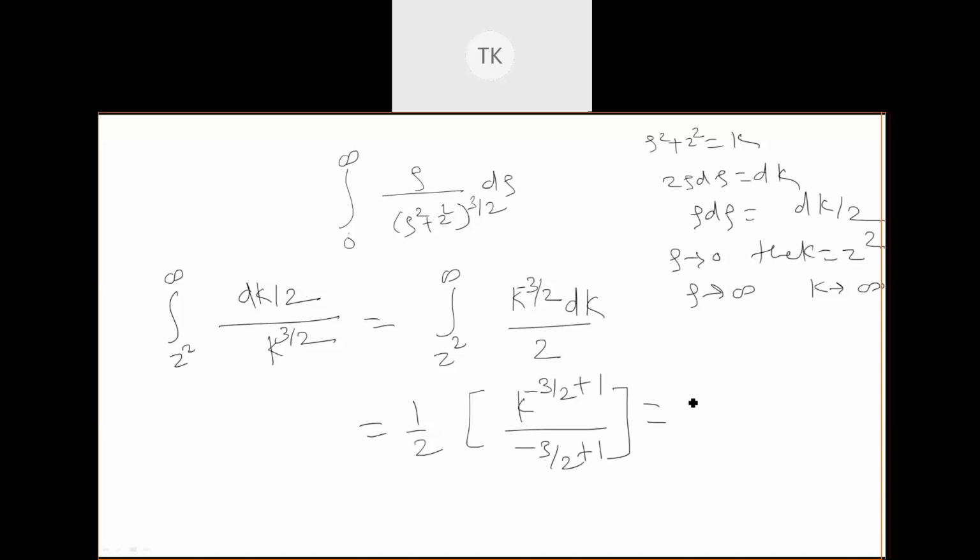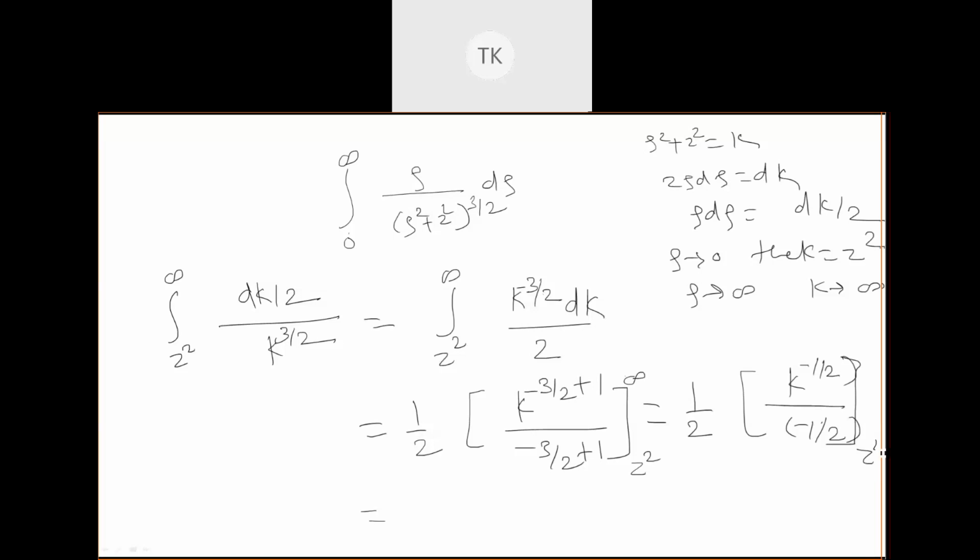So it will turn out half into half minus half. The denominator will be minus half and k raised to minus half. Sorry, we have ignored the limit here, z square to infinite.